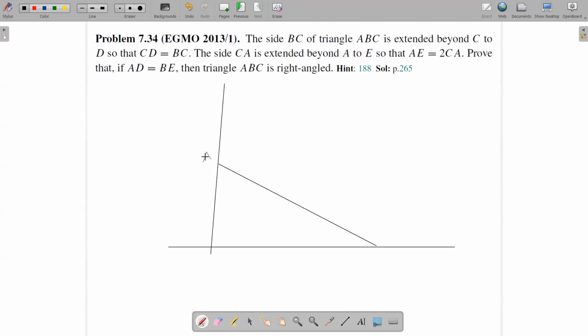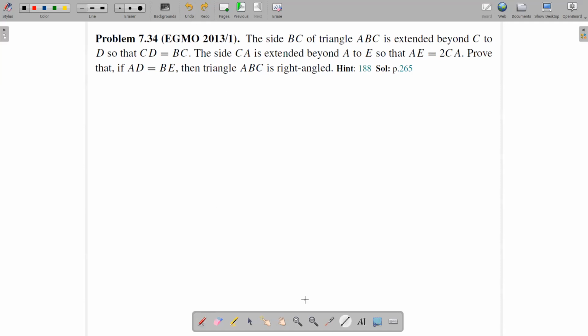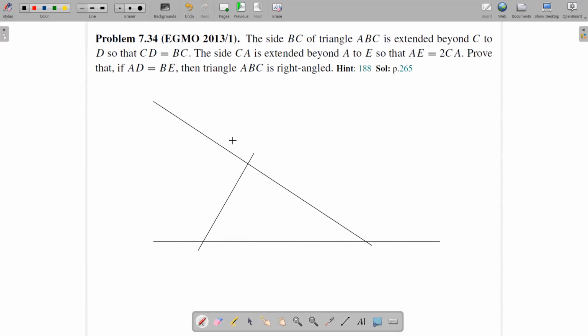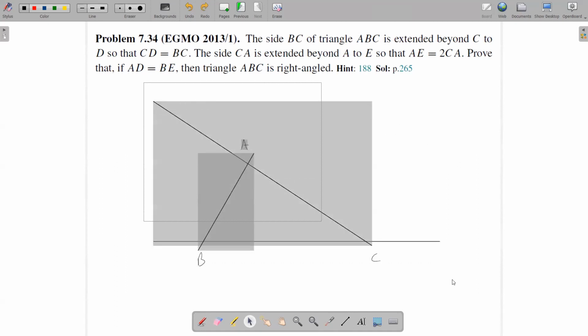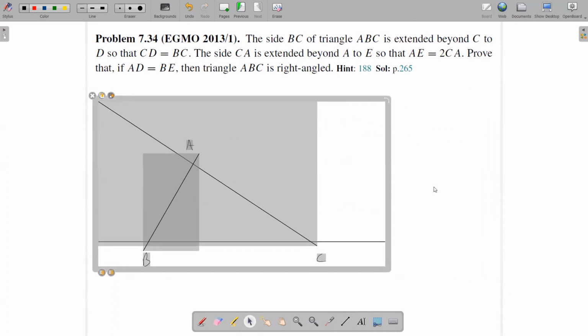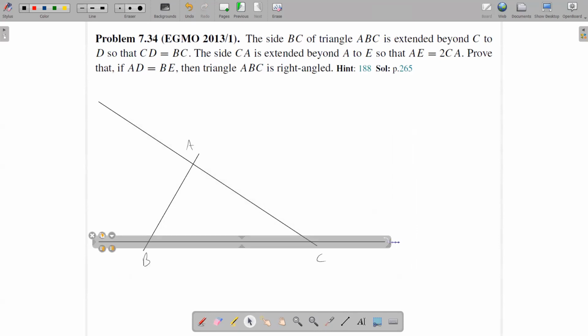Side CA is 10 beyond A. No. Okay. My bad. I apologize. So this will be BC. Okay, so A, B, C. I'll have to move these a little so that it's like on. Make this line a bit longer.